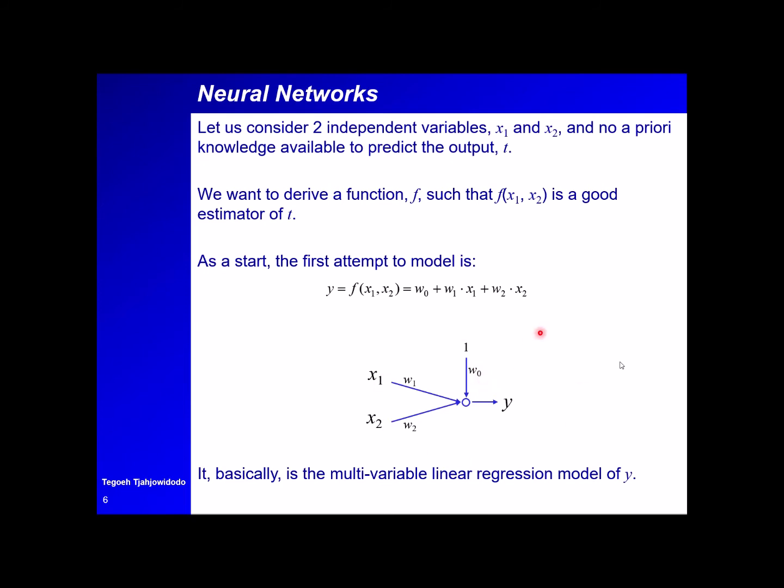How to read this pictorial diagram is simply y is equal to w0 times 1 plus x1 times w1 plus x2 times w2. Let me call this a network. This network is a multivariable linear regression model of y.